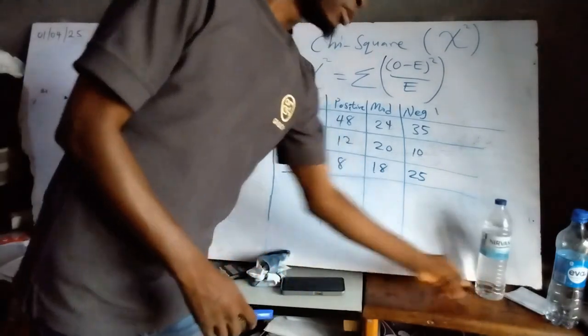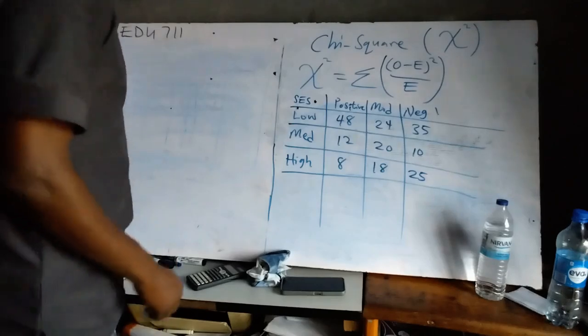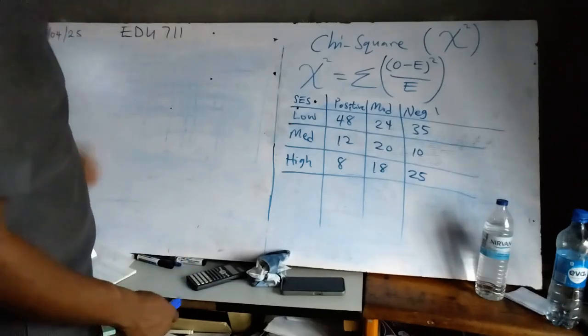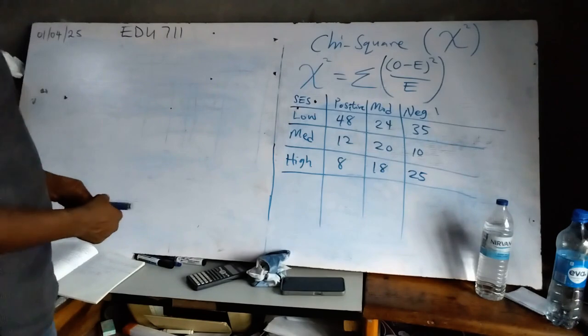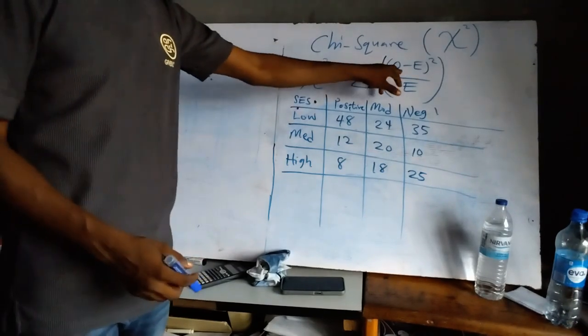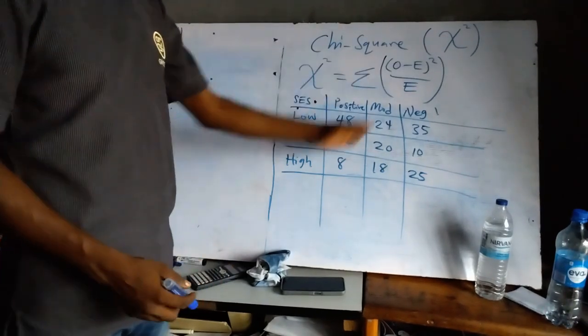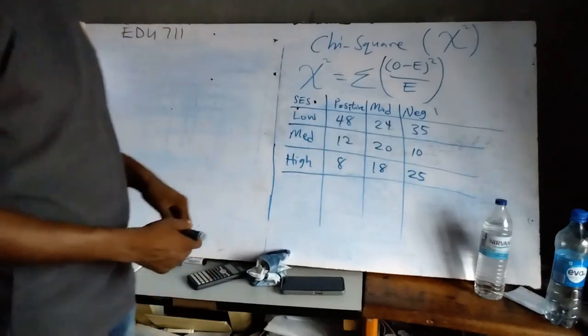So let's quickly look at this because we don't really have much time again. So this is the formula. We need observed and we need expected. These are the observed.